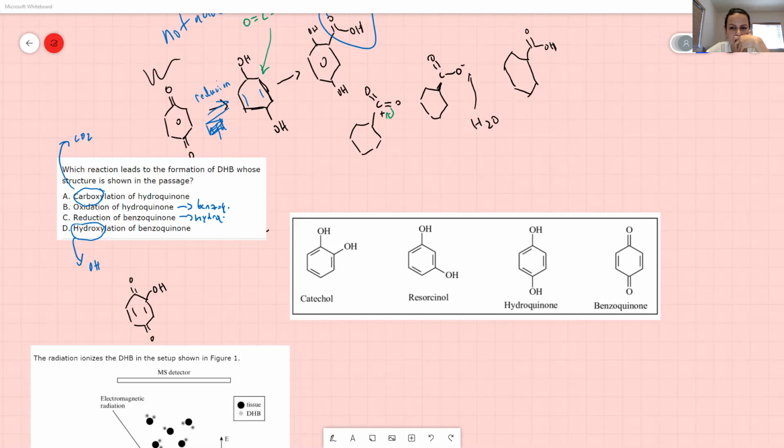That's why it's redox. And isomerization literally doesn't really change it either. It changes maybe a location of something. But yes, hydrolysis.